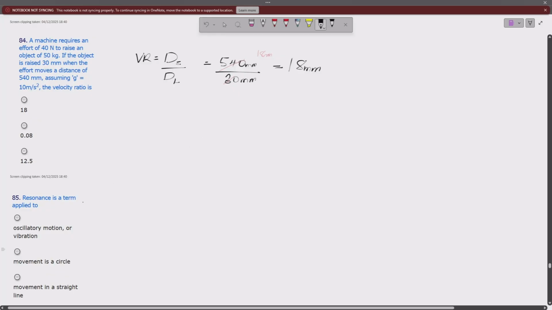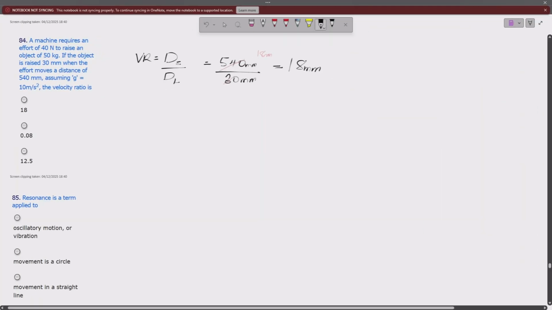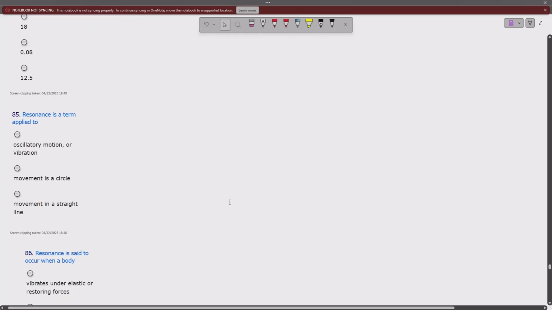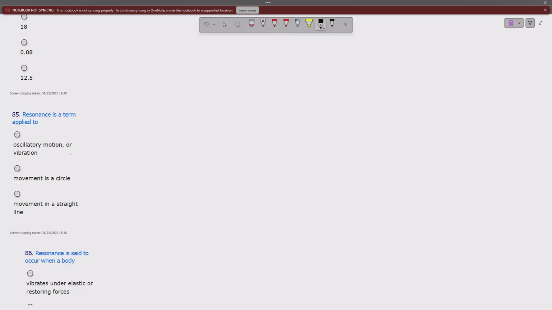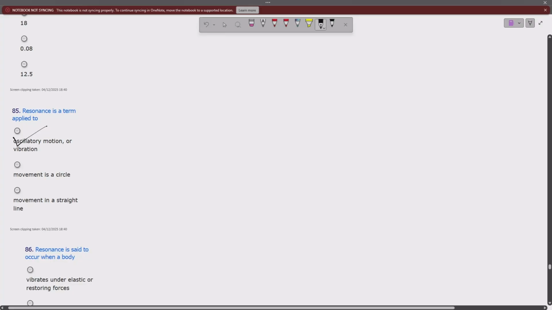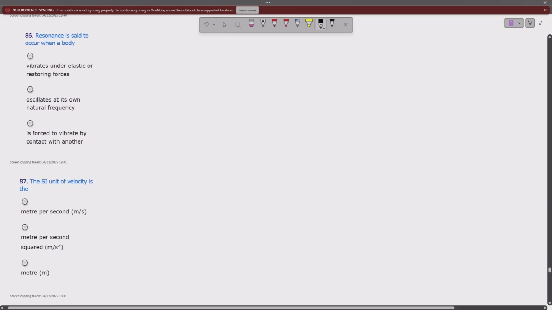85. Resonance is a term applied to oscillatory motion or vibration. Movement in a circle, movement in a straight line, oscillatory motion or vibration, that is resonance. 86.